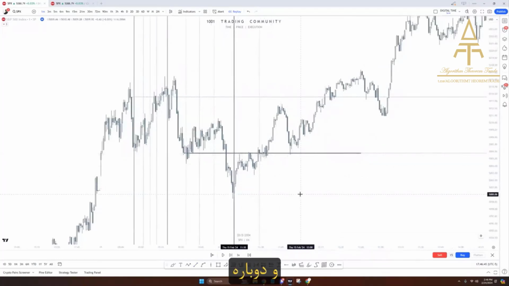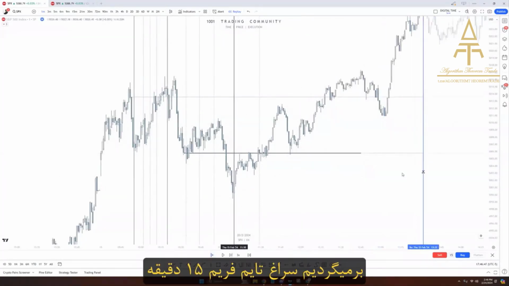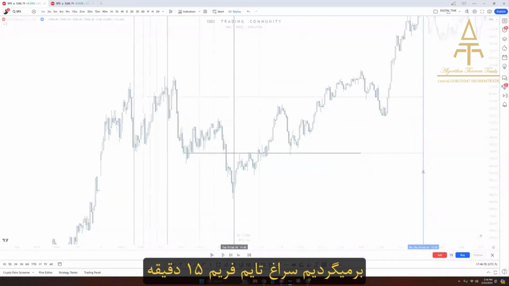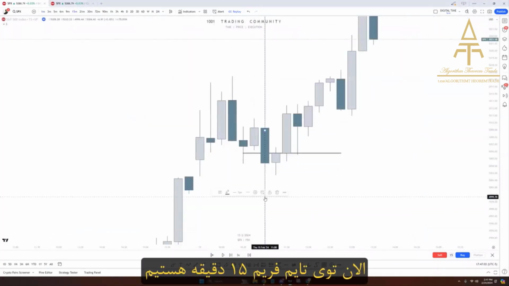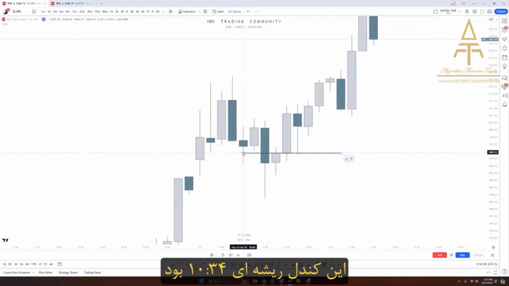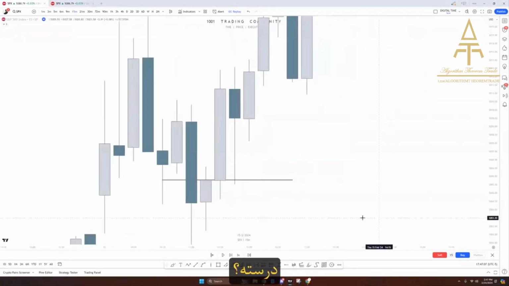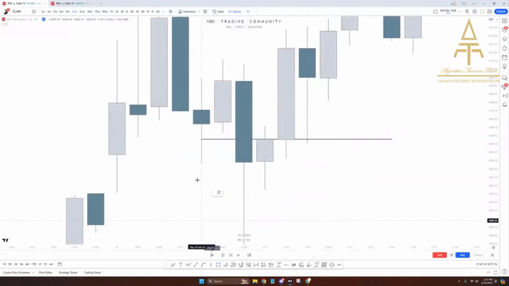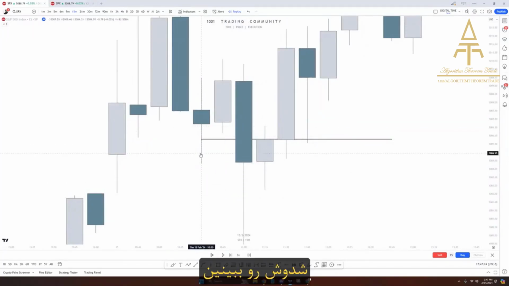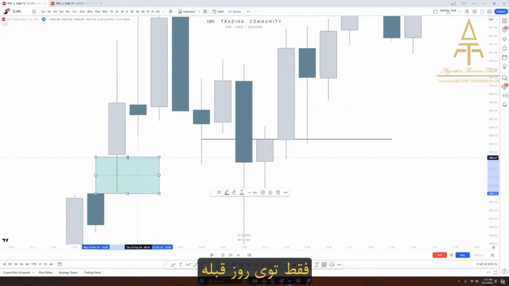And again, go back to the 15-minute time frame. So here on the 15-minute time frame, this was the 10:34 root candle, right? Observe that wick. Now, what is it doing? It's the same volume imbalance. It's just a day prior.